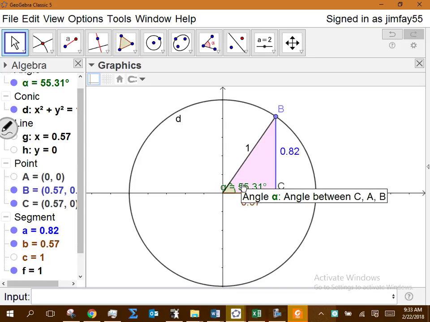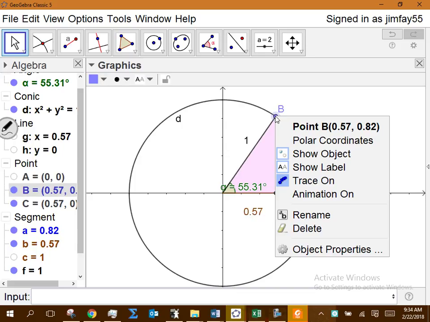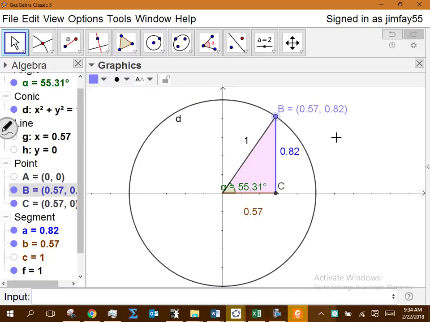If I ask you what is the cosine of 55.31 degrees, the cosine of this angle right here for this triangle, you'd say it's the adjacent side divided by the hypotenuse, right? When I take something divided by 1, it's just that something. So when I look at this point B here, which is 0.57, comma 0.82, its ordered pair, because the radius is 1, is showing me what the cosine and the sine are for that angle.